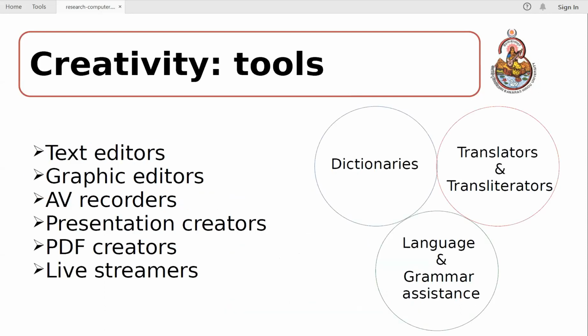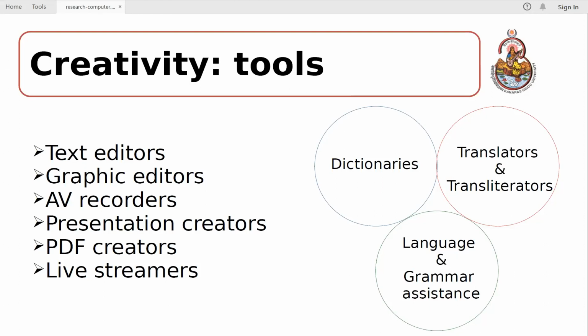There are a lot of creativity tools. You have text editors, graphic editors, audio video recorders, presentation creators, PDF creators, live streamers, and let me inform you that all these tools are free of cost. You can use them at any time, at your convenience.